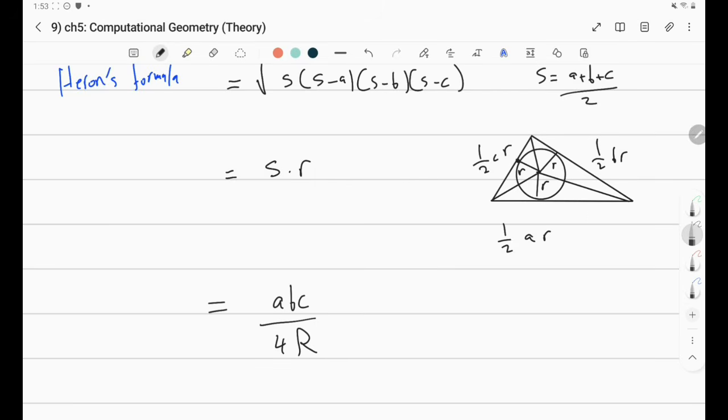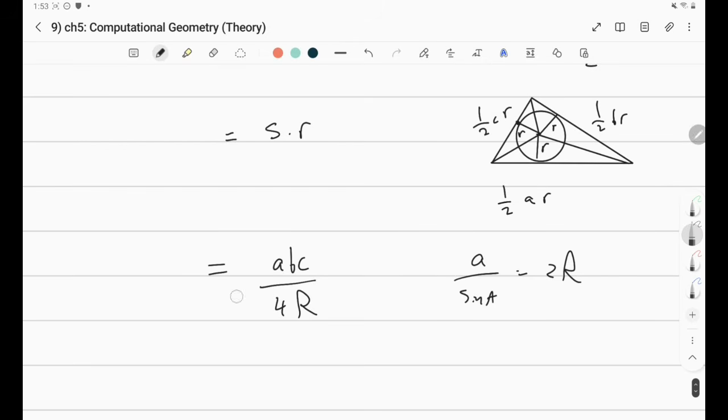Remember, we can play with R using the law of sines. You should remember that a over sine A is equal to 2R, right? So you can simply replace 2R with a over sine A. So a is 2R sine A. Maybe I prefer that you replace c here. Let's replace c instead.